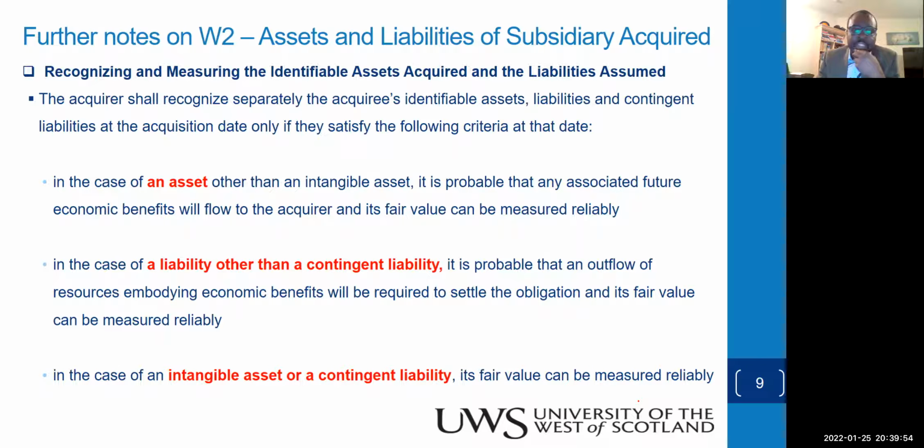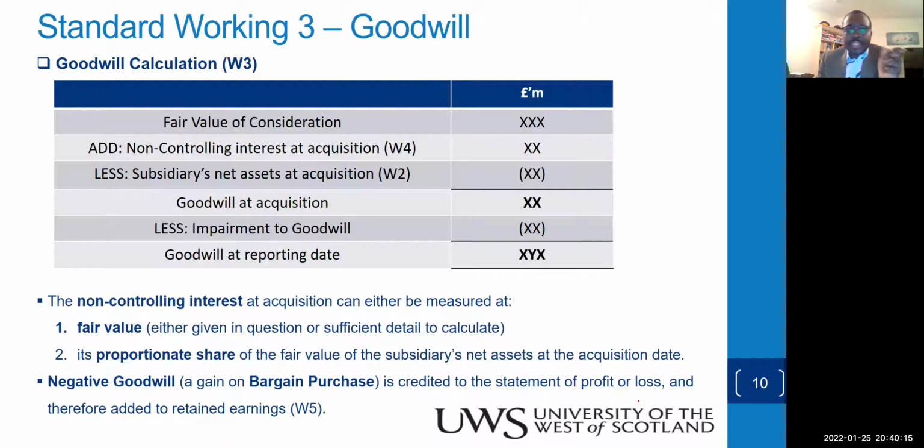Even if the subsidiary had internally generated this item and did not recognize it, once we acquire it as a parent company and we can measure it reliably, we need to recognize it. If it's a liability other than a contingent liability, let's ensure that it meets the definition of a liability as per the conceptual framework.